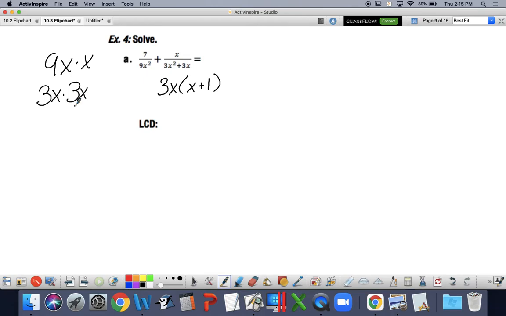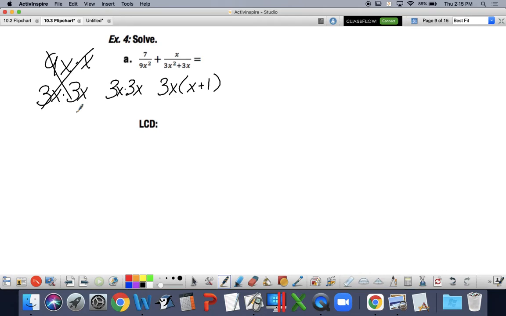Right? They mean the same thing. And at least I see here, it is now, relative to this, I can see things that are already common that exist between the two of them. So that's what I want to think about as I start to form my common denominator.